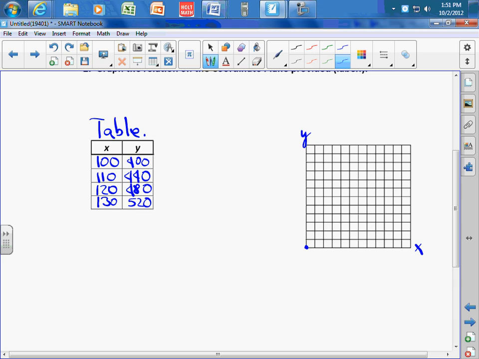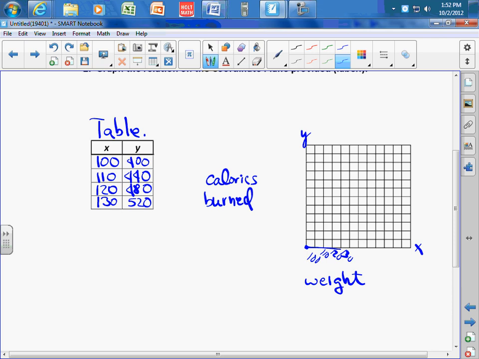So now we know that the x's go on the bottom axis. Here's our weight. Calories burned would go on the y-axis. Now when we number the axes, I need to include a 100, 110, 120, and 130 on the x-axis. But what I'm not going to do is put 100, 110, 120, and 130 in these first 4 spots.